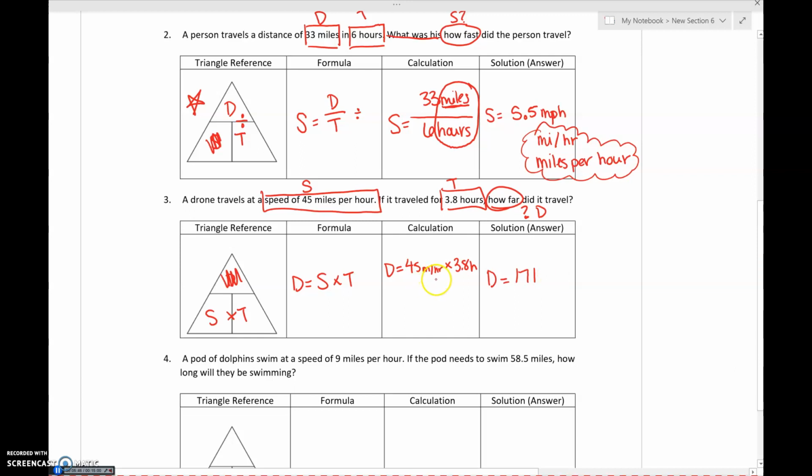So here in our calculation, we have miles, hours, and hours, and we know hours is a unit of time, so we're actually looking for miles here. All right, so our distance is 171 miles.